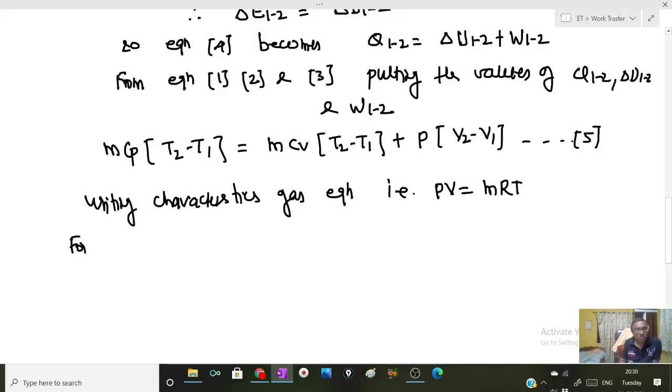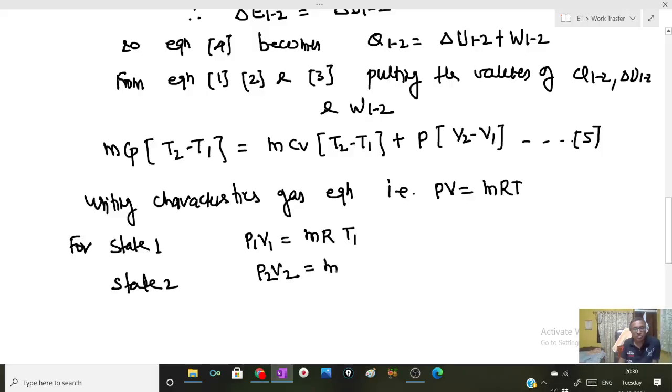So for state 1, I can write characteristic gas equation as P1 V1 is equal to mRT1, and for state 2 I can write it as P2 V2 is equal to mRT2. Therefore P2 V2 minus P1 V1 is equal to mR (T2 minus T1).